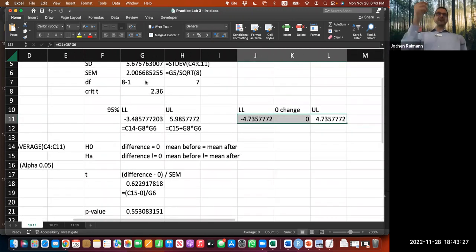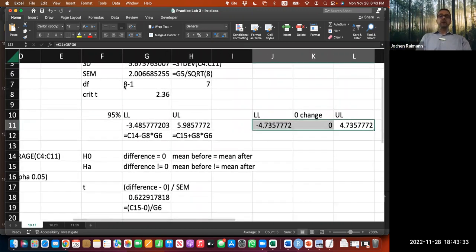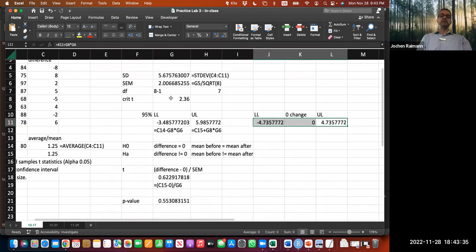I'm trying to find another way to explain it in the greater scheme of things. This is an explanation; you don't need to write it down. Just follow along with the thought process, because if you have minus 4.7 and plus 4.7, 1.25 is still part of your null hypothesis. So it's not exceeding this critical value.